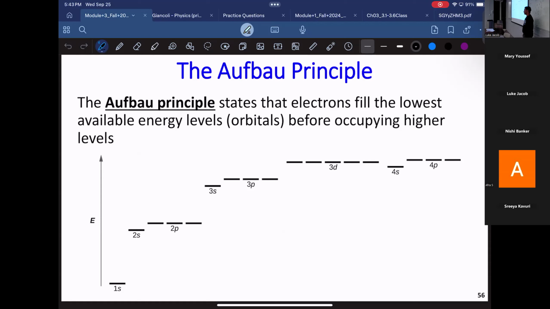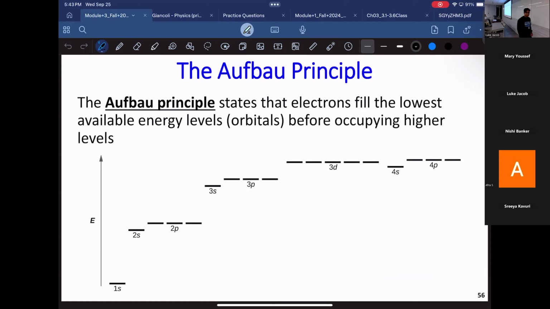We actually did talk about chromium and copper, for example. They're exceptions, because it's more stable to have a half-filled or fully filled 3d shell.